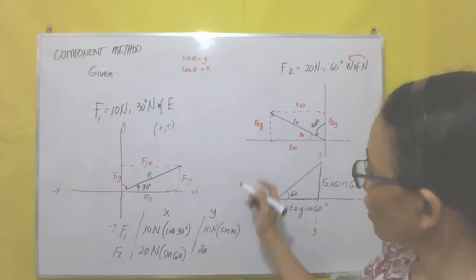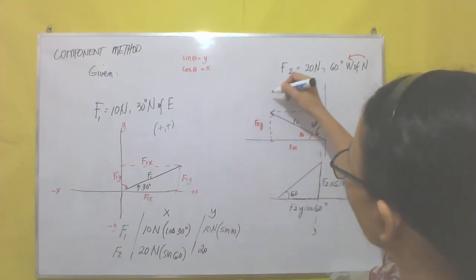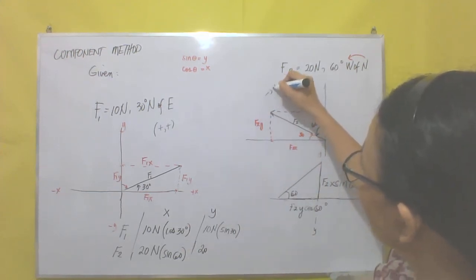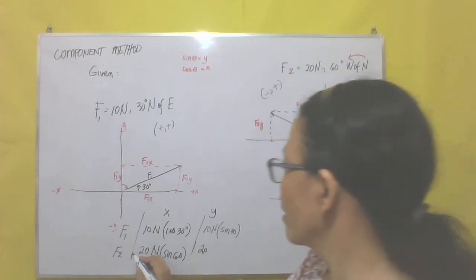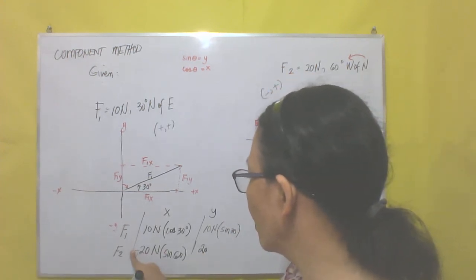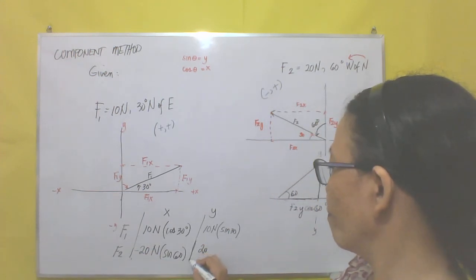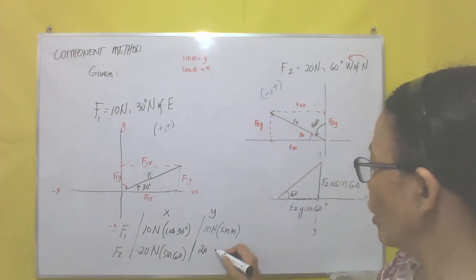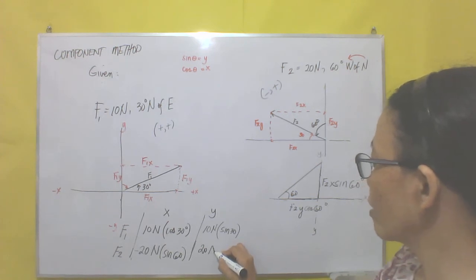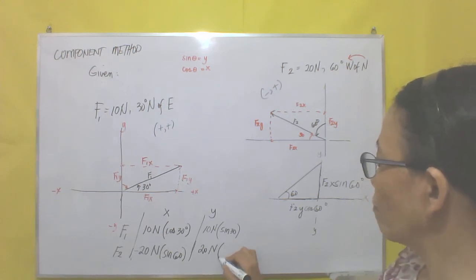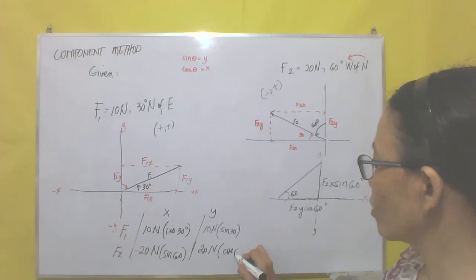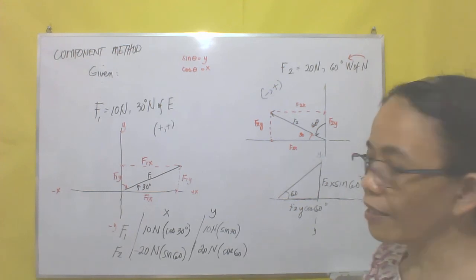20 newtons multiplied by cosine 60. This is negative for the second quadrant: negative x, positive y. So negative 20 newtons multiplied by sine 60, then 20 newtons multiplied by cosine 60.